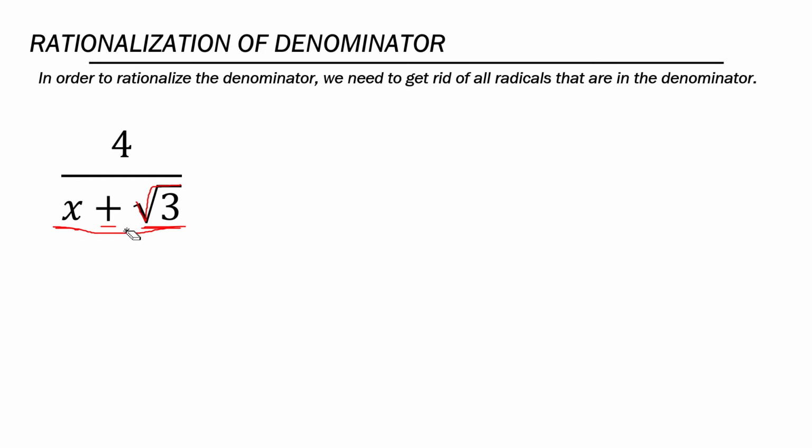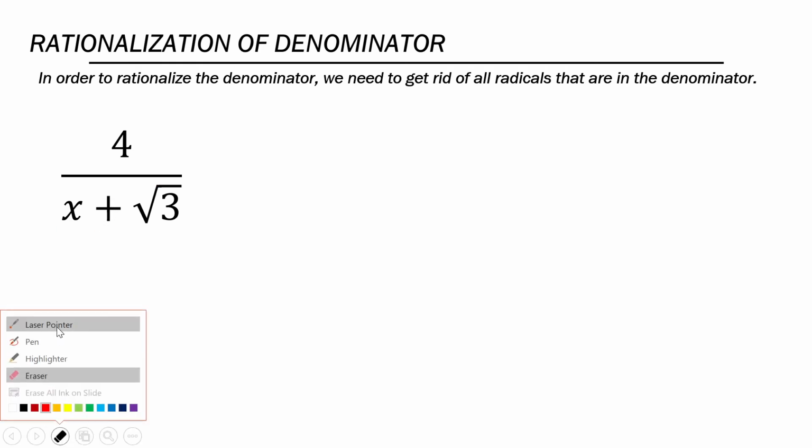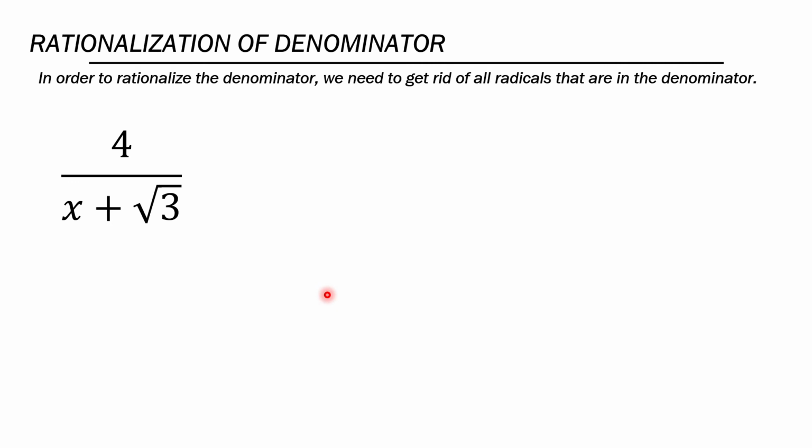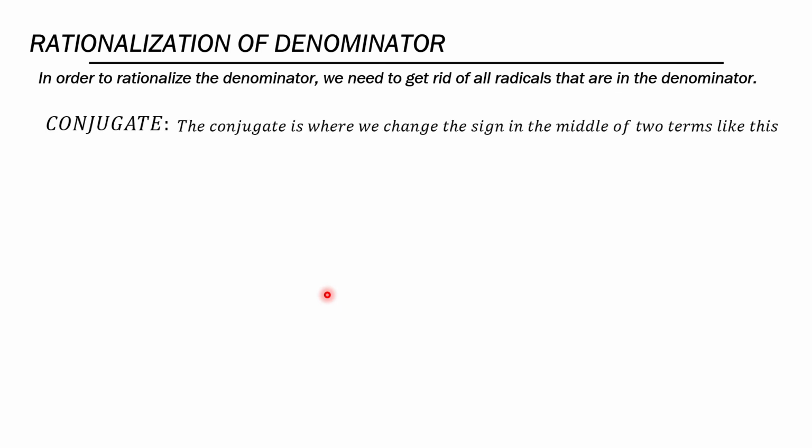So we have what we call a conjugate. So what is a conjugate? Before that, let me erase this first. Okay? Let's go back. So we have what we call a conjugate. Let's first find out what a conjugate is. Okay. So the conjugate is where we change the sign in the middle of the two terms like this.